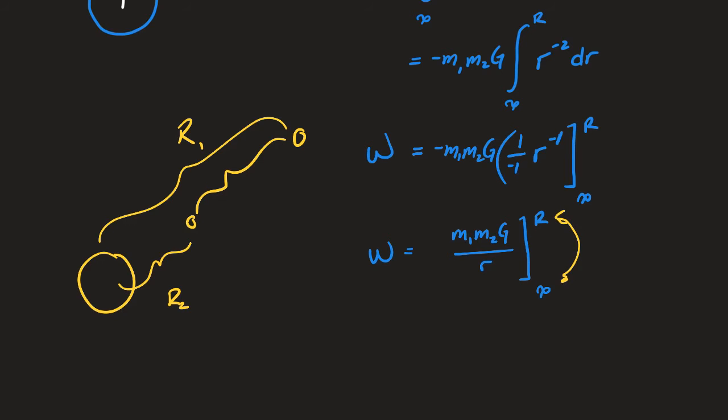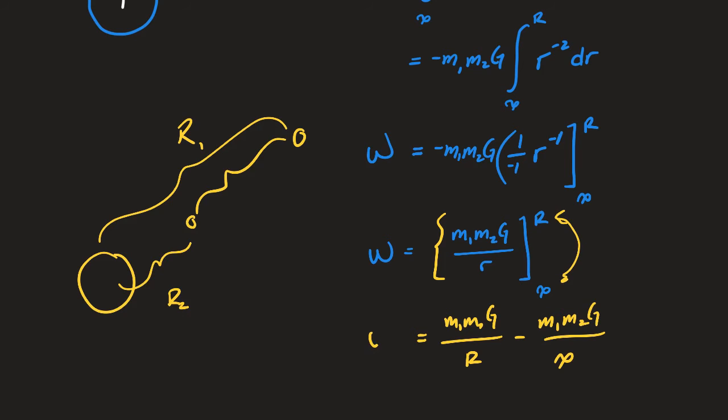So I'm bringing this up to indicate what we're going to do here: m1, m2, G over r minus m1, m2, G over infinity. Right? And recognize that that is the difference in the energy between the two locations.